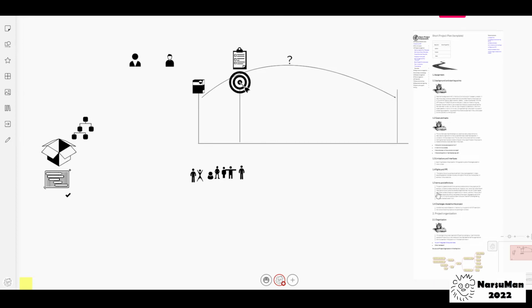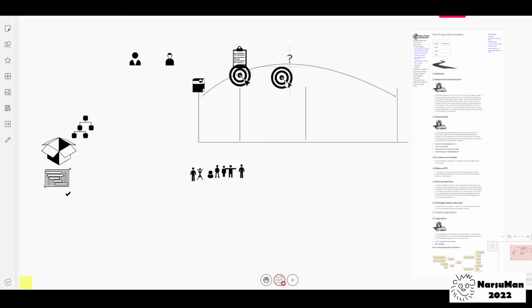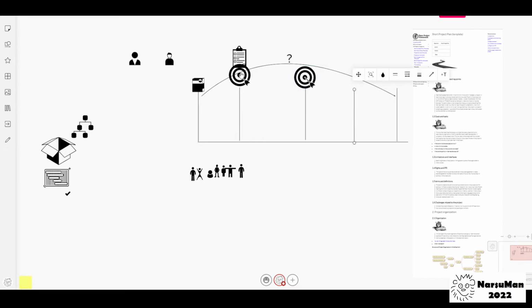The project plan will contain all these items, so you can read about the needed deadlines and the most important moments when the project team has to be aware of things. There can be several of these goals or gates, whatever we call them, and the team has to be ready to plan and think how they need to work so they can reach those targets.